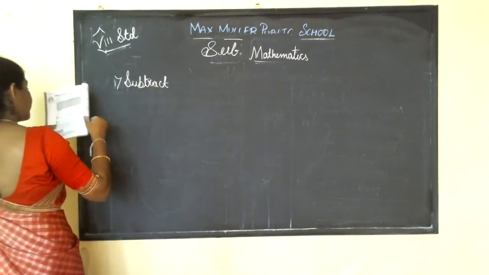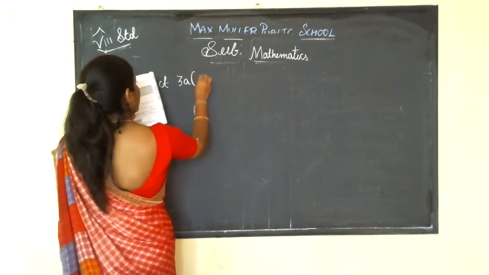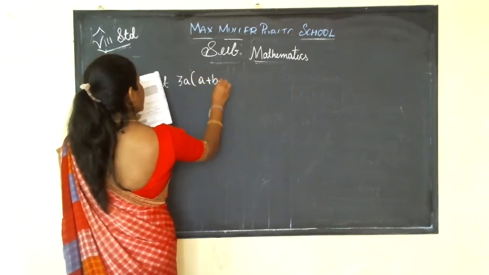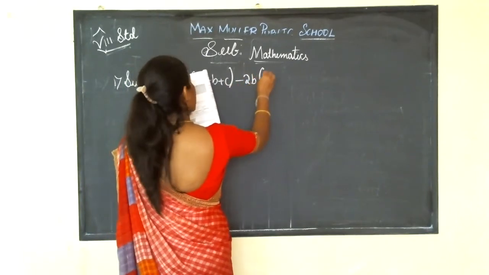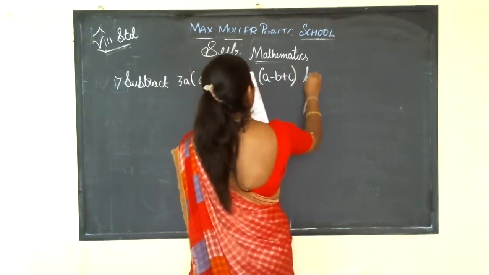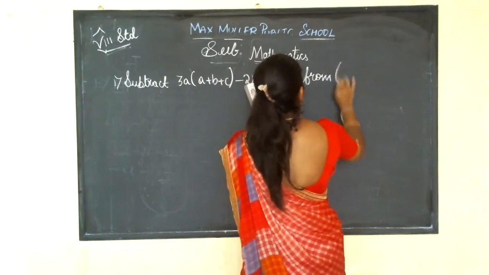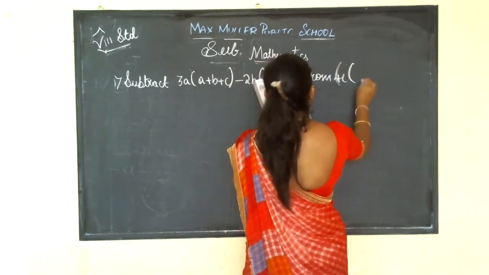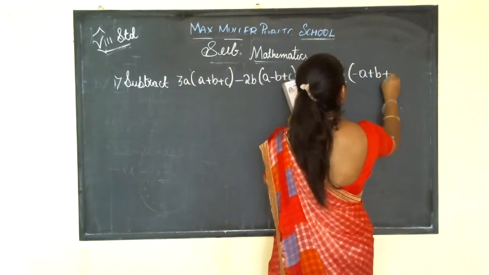Subtract 3a into a plus b plus c minus 2b into a minus b plus c from 4c into minus a plus b plus c.